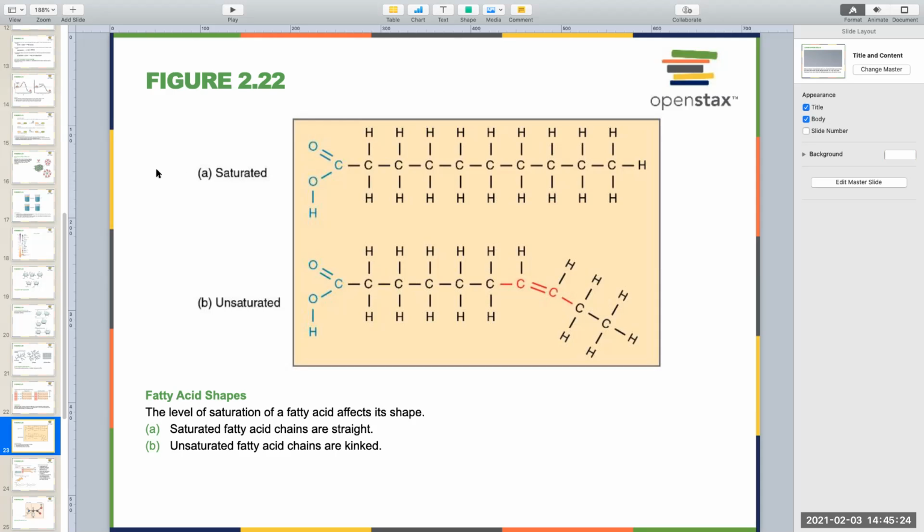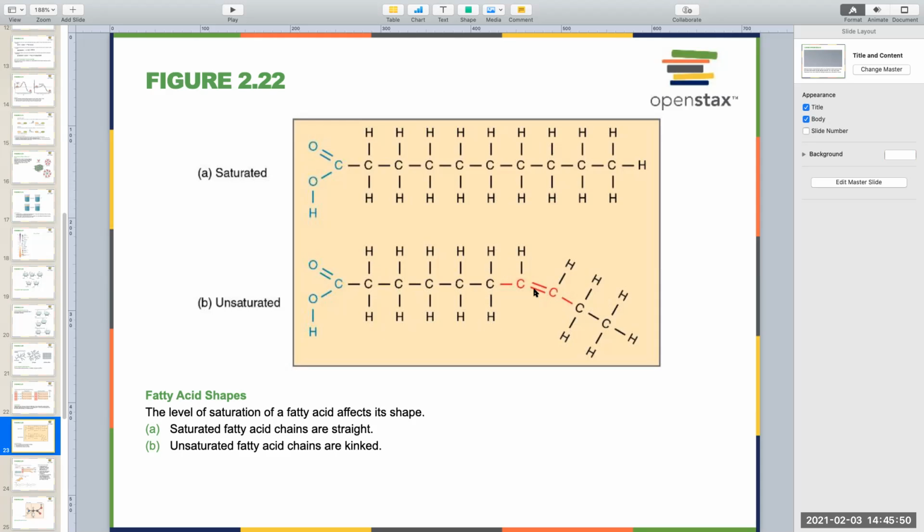So again, we are talking about lipids. We said that one of the types of lipids are triglycerides. When we talk about triglycerides, we talk about their shape. So you can either be saturated, which is usually animal derived, and it is solid at room temperature. It's very rigid, it's inflexible. We don't like that. Then we have unsaturated fats. Unsaturated fats are usually plant derived.